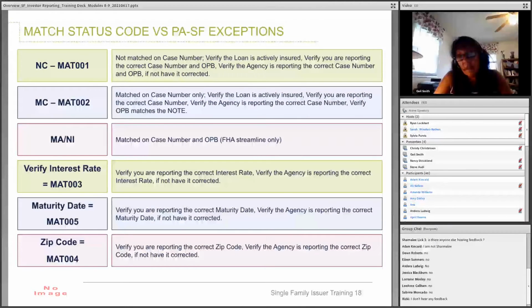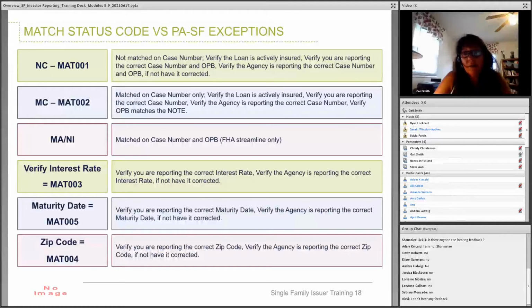I referenced earlier that the match codes in the downloads, the MA, MC, NC, are dynamic, and if you make corrections, they could drop off of your download report. For the exceptions, the MAT 001 through 005, they are static. So the NC equals a MAT 001.